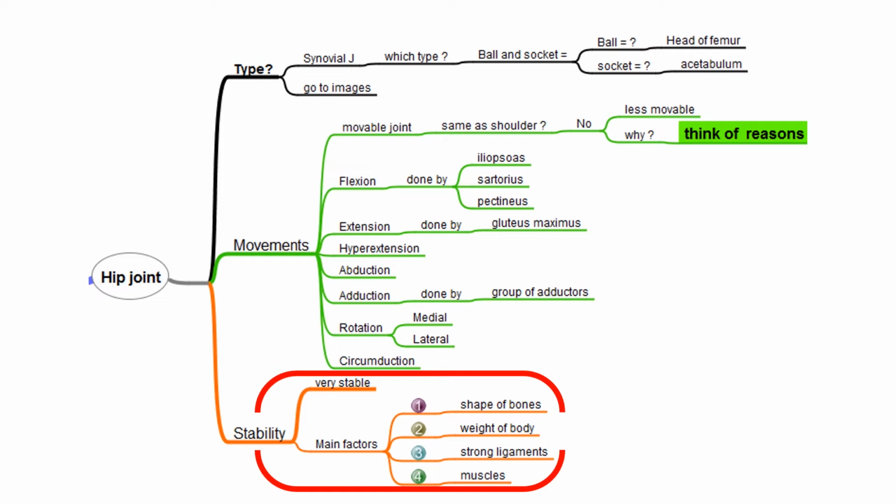The shape of the bones and the weight of the body. The hip joint transmits the weight of the body from the vertebral column to the pelvic girdle to the femur, and it has strong ligaments, and there are many muscles around the hip joint.